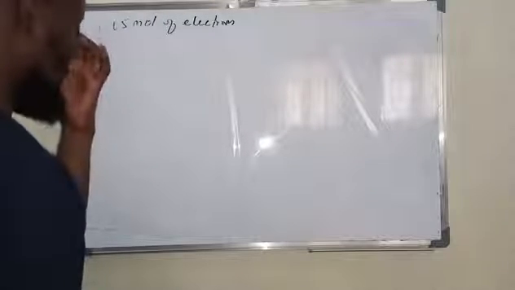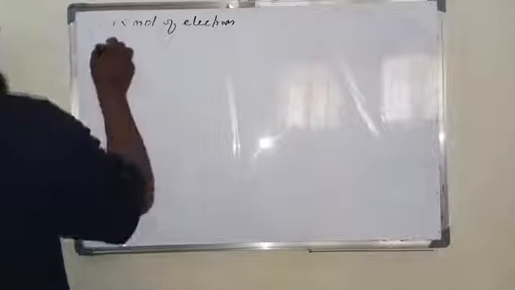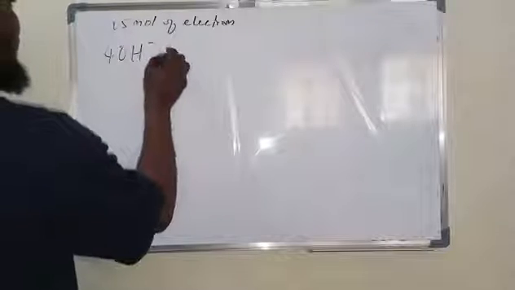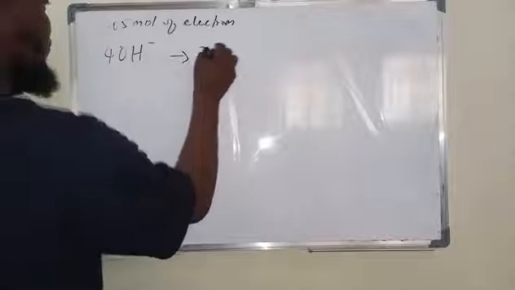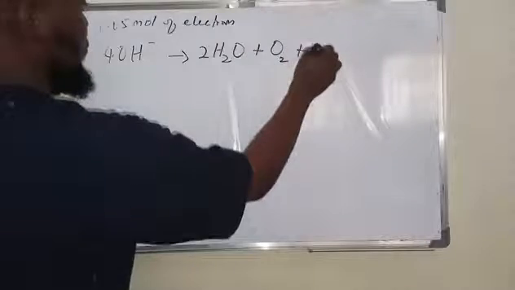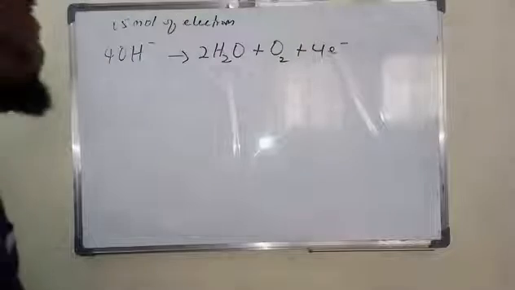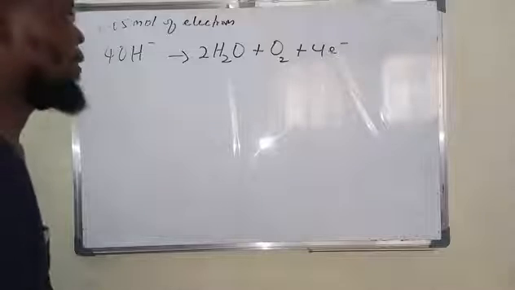So we have seen in the previous video that oxygen is the gas produced at the anode from this overall reaction. So what we are going to do is this.